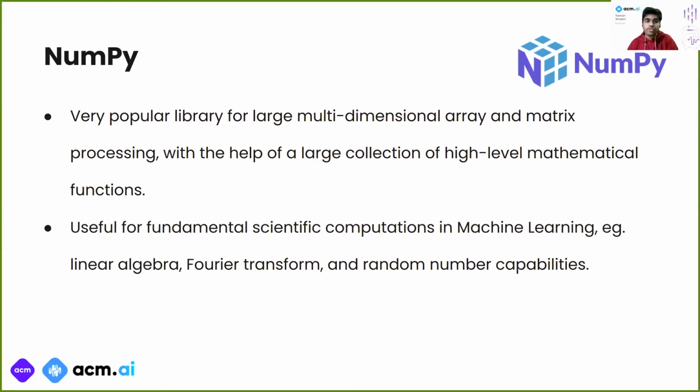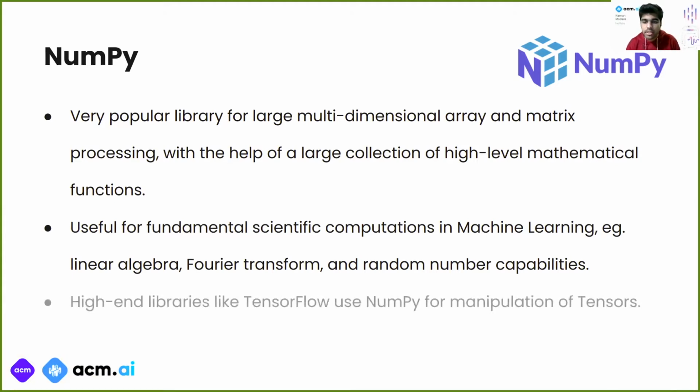They're also used for fundamental scientific computations. So we talk about linear algebra, Fourier transforms, random number capabilities. The major idea of NumPy is to take mathematical objects and play with them numerically. And it's naturally not very easy to do that with just the functions that we have in Python.